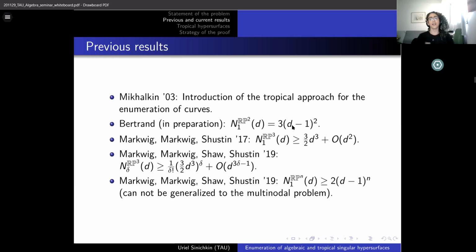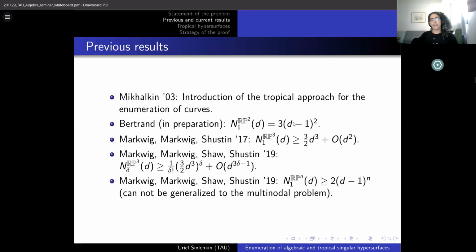This is for the uninodal problem. For the multinodal problem, you can get something similar: the highest term of the discriminant using the same techniques.